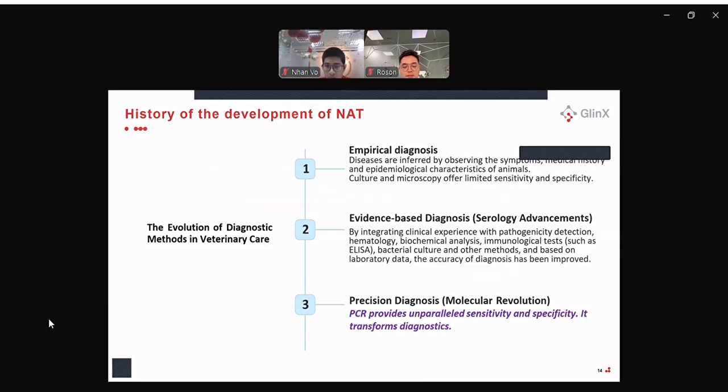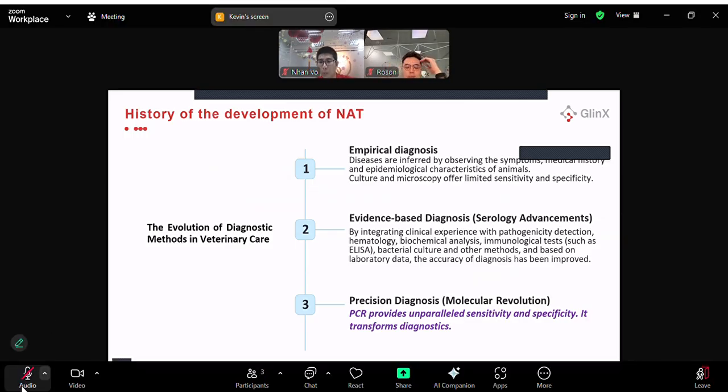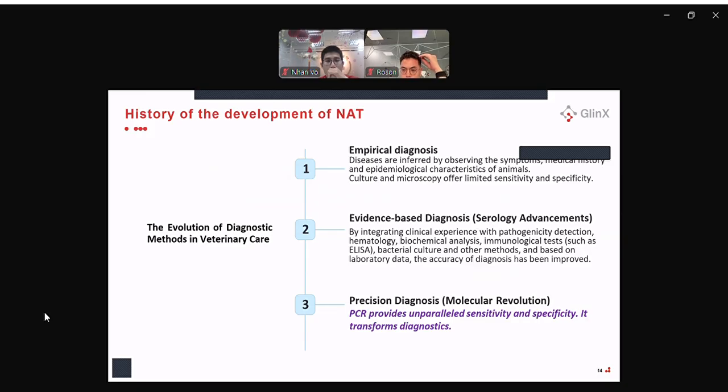For the culture, it takes a long time, but time is the key of treatment, right? And the sensitivity is highly limited, with an inability to precisely differentiate between strains or resistant pathogens. And then we come into the precision diagnosis stage.